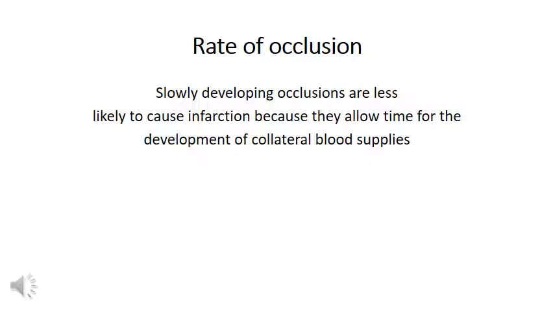Like in the case of coronary arteries, which are very small arteries, if any obstruction is slowly developing in a single coronary artery, it can be compensated by other coronary arteries through increased blood supply. If an occlusion is rapid or sudden, it can cause more damaging effect. But with a slow rate of occlusion, sometimes it cannot cause any effect. So rate of occlusion also matters.